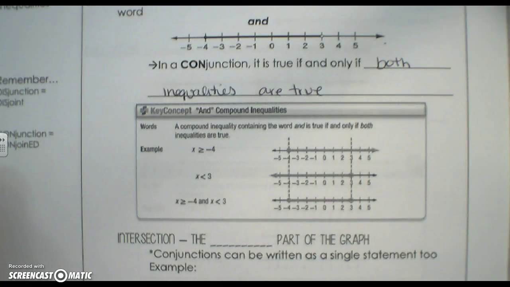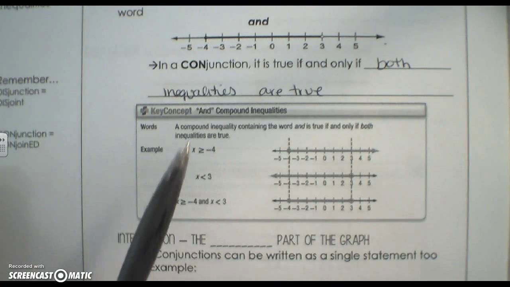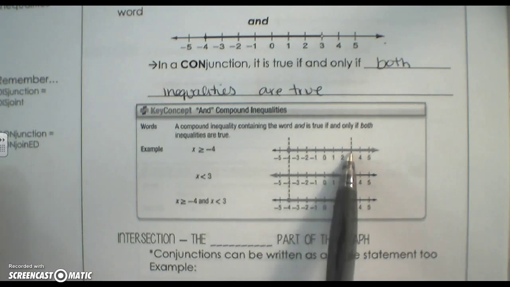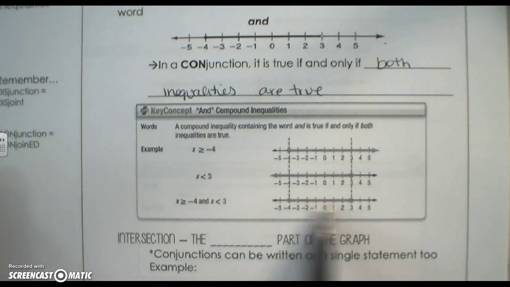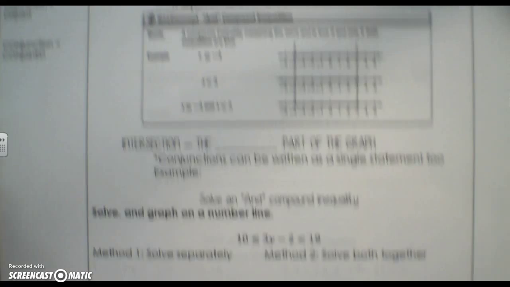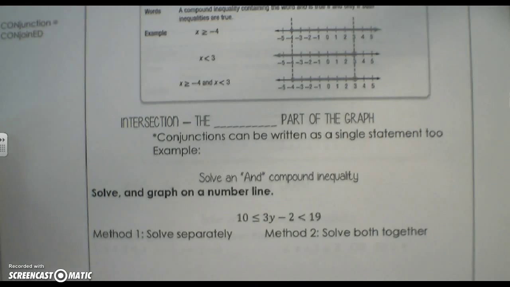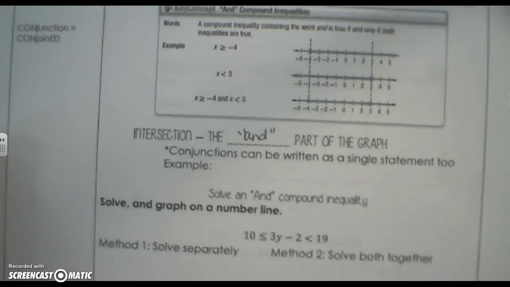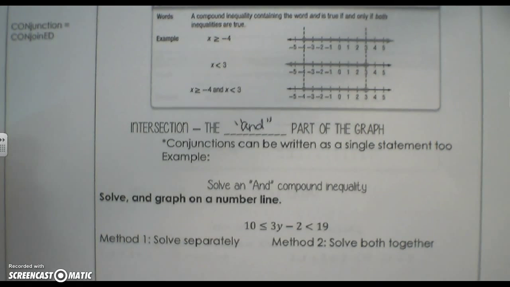So we've got this word and that kind of connects these two compound inequalities. And you can kind of see their graphs are connected. So this intersection is the and part of the graph.